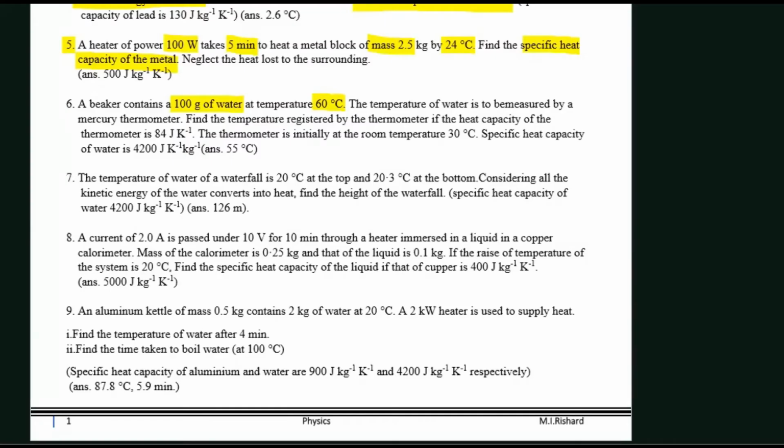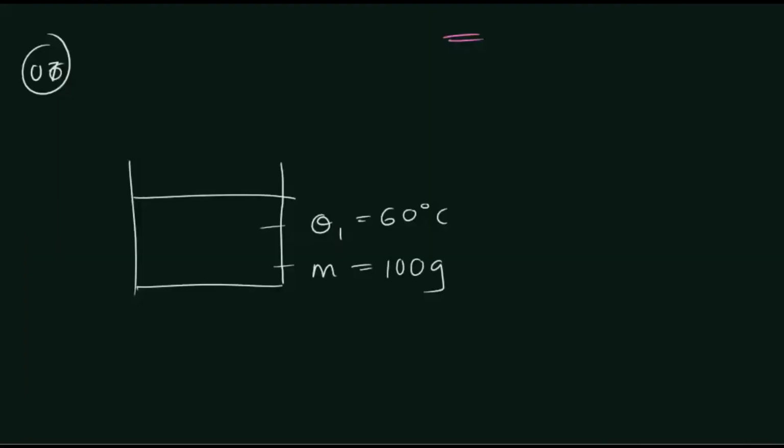Then they're saying the temperature of the water is to be measured by a mercury thermometer. Find the temperature registered by the thermometer if the heat capacity of the thermometer is 84 joules.